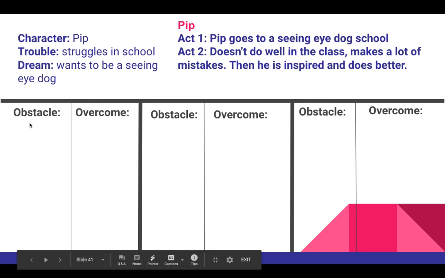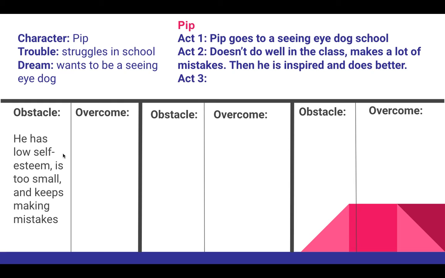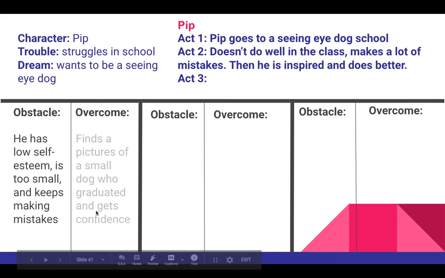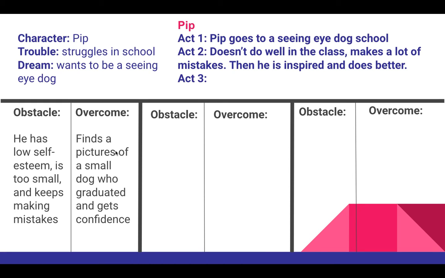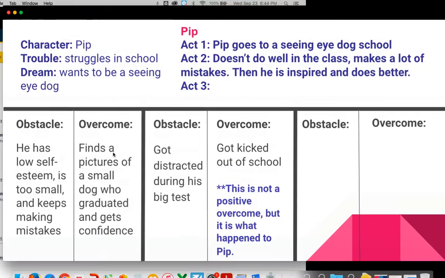So, let's talk about the obstacle. The first obstacle that we've seen so far is that he basically has low self esteem, he's too small or too short, and he keeps making mistakes. So, how does he overcome that? He finds a picture of a small dog who has graduated, and he gets confidence from that.